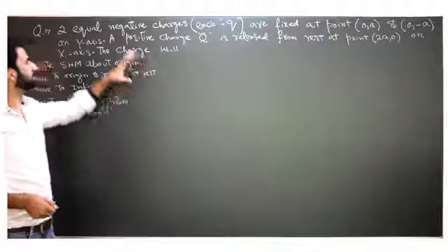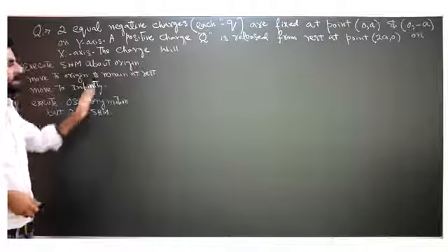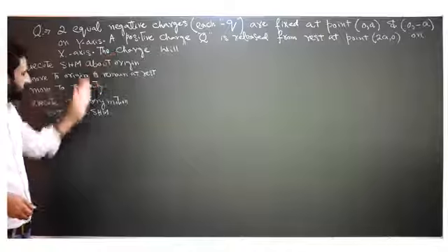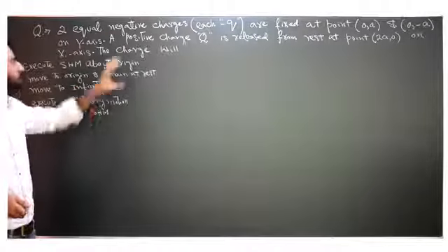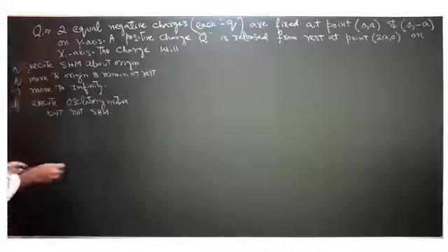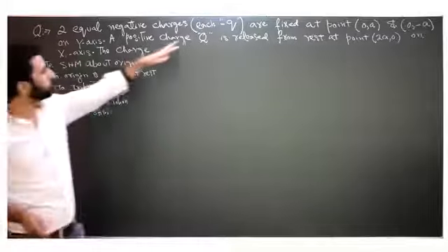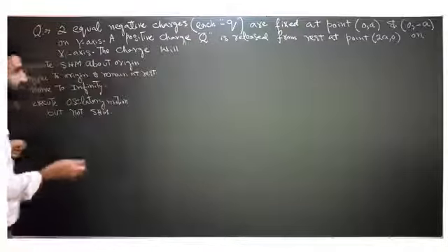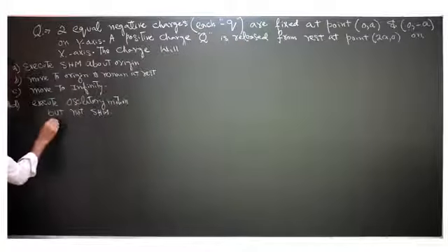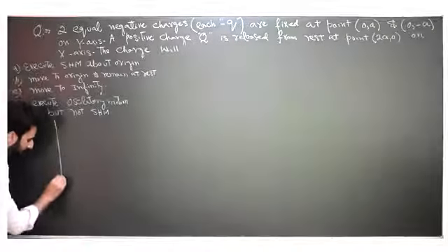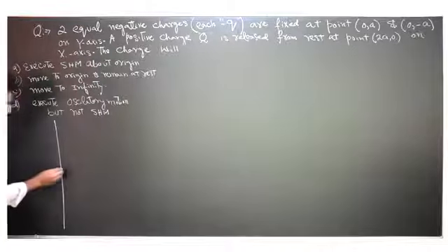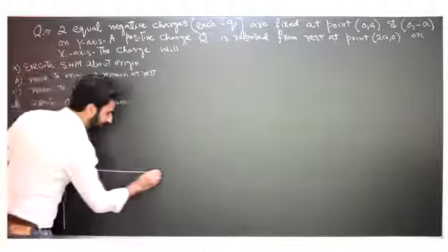Now, our first concern should be drawing the free body diagram for this problem. We have two charges, minus q each, which are placed on the y-axis. Suppose this is our y-axis and this is our x-axis.